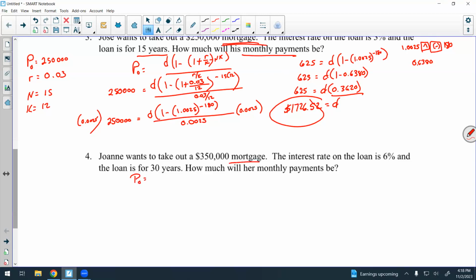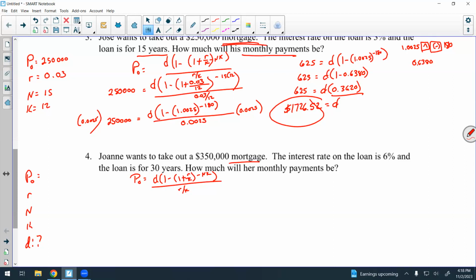And there's our hint right there, mortgage. We have D times 1 minus 1 plus R over K to the negative NK over R over K. P sub 0, R, N, and K, and we're looking for D again.